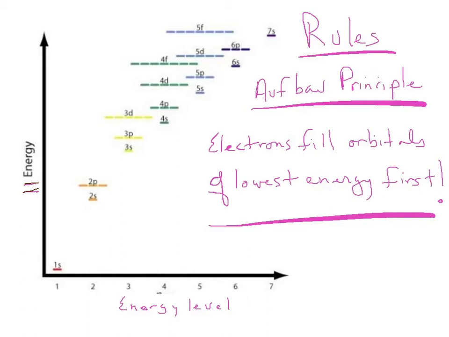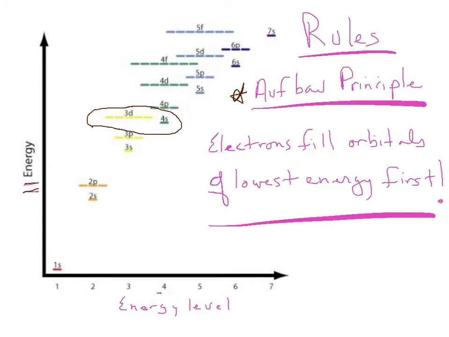But tell me this, what do you see happening here? The 4s has a lower energy level than the 3d, so if we follow the Aufbau principle, the 4s fills before you get to 3d. We'll take a look at that as we go.